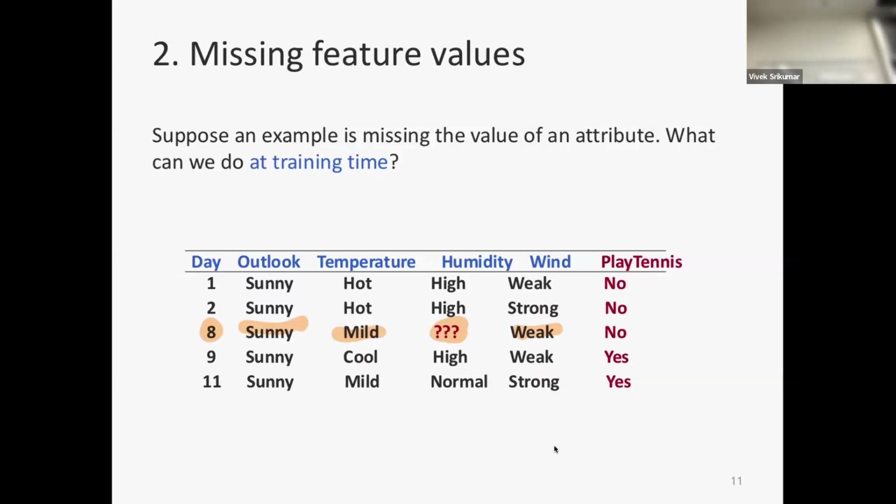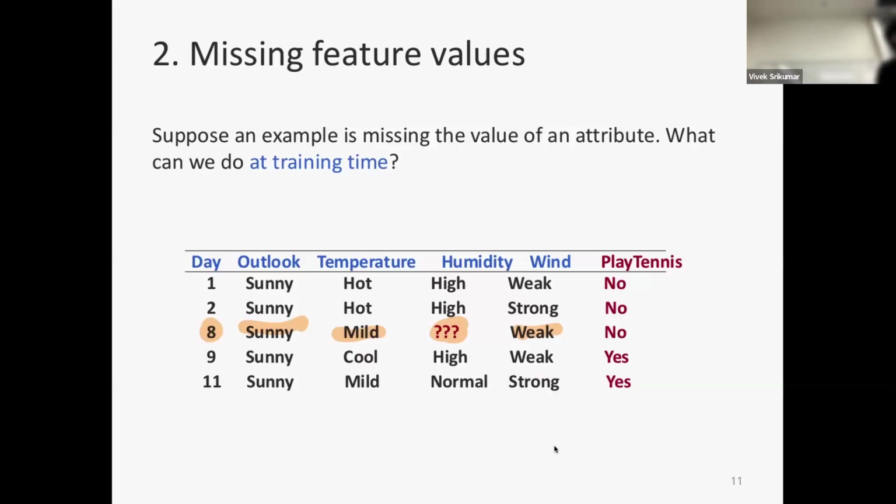Well, like surroundings, like a day where it's snow, sunny, hot. That's an interesting idea. So let me repeat that. You look at the neighborhood of that and ask, can we somehow fill in that feature value from days that are also sunny, mild and weak?